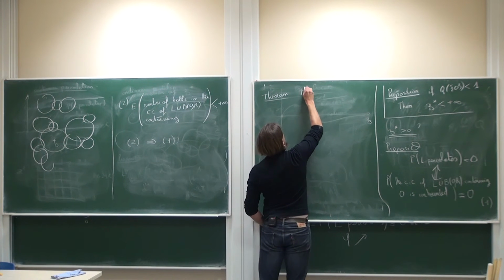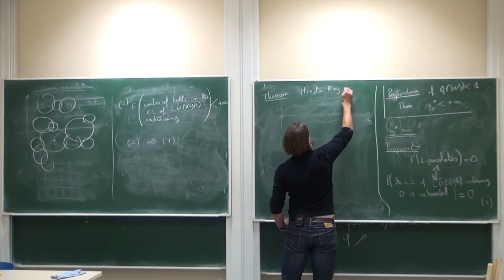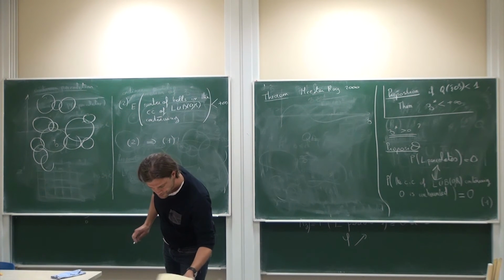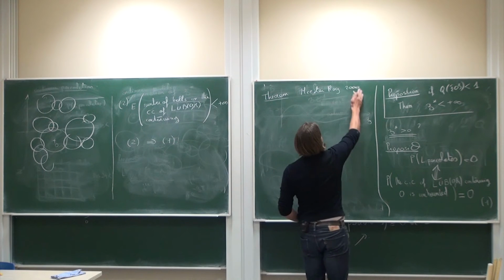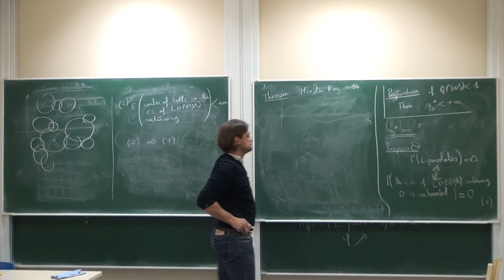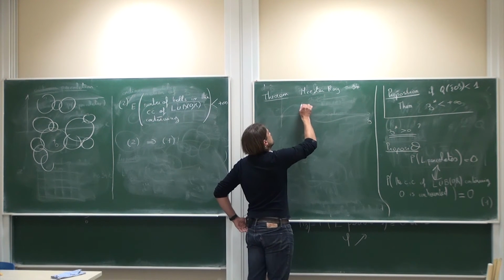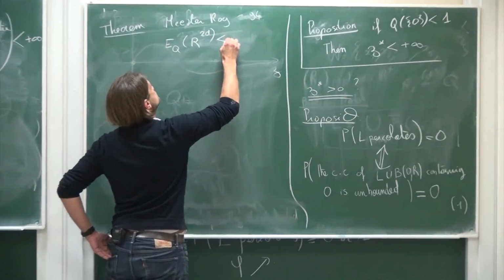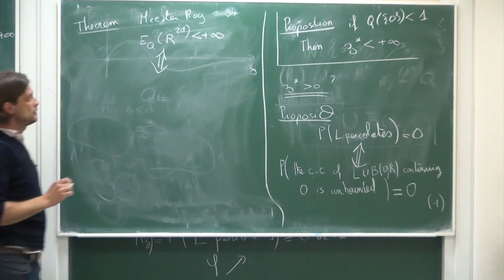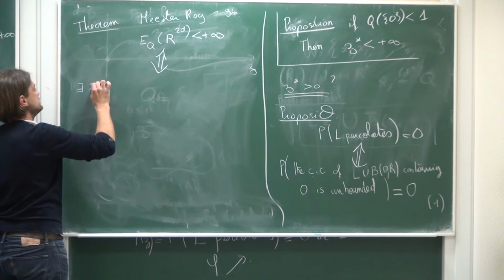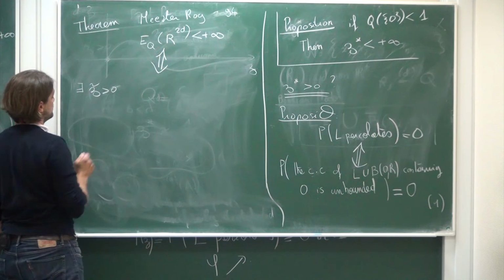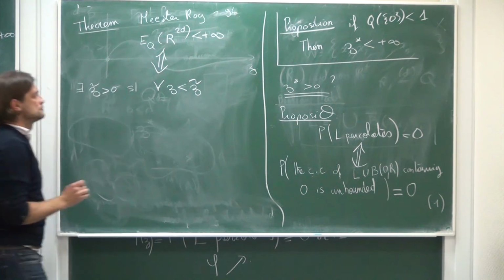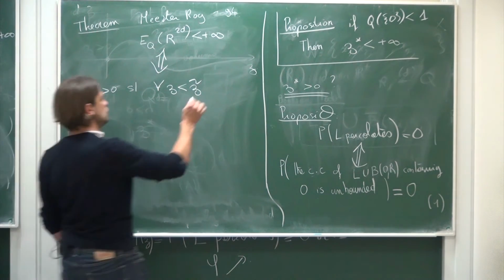Menshikov, maybe it's earlier, it's a 94 result. It claims if Q has a 2D moment, this thing is equivalent to there exists Z tilde, strictly positive, such that for all Z smaller than Z tilde, 2 holds.